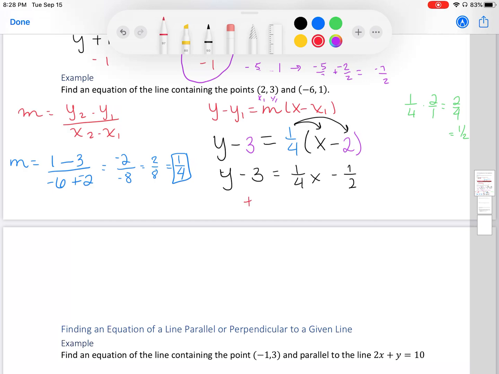Let's add 3 to both sides so that I'm left with y is equal to 1/4 x plus 2.5. Let me do the work for that too. Negative 1/2 plus 3 over 1. I need a common denominator, so I need to multiply top and bottom by 2. So I have negative 1/2 plus 6 over 2. That gives us 5 over 2.